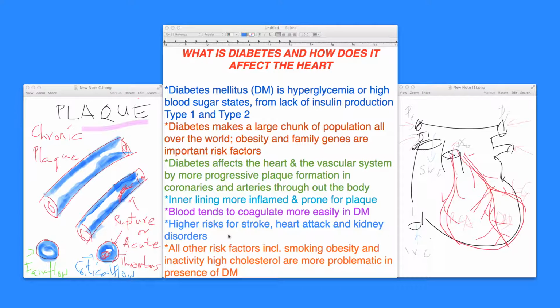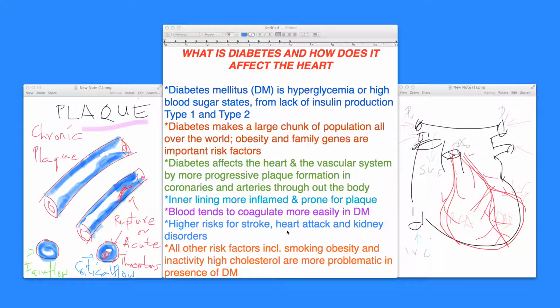There's a higher risk for stroke, obviously, because the brain arteries and the carotid arteries will be involved. There's an increased risk for kidney disease because the renal arteries are involved. So arteries, wherever throughout the body, have a similar plaque formation proneness, if you will. And obviously in the coronaries, one can develop heart attacks more often.